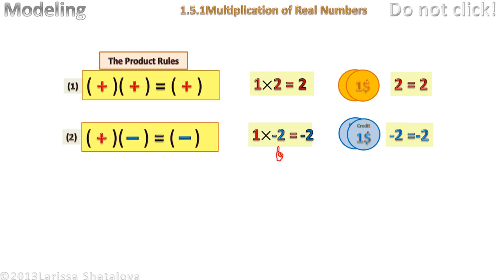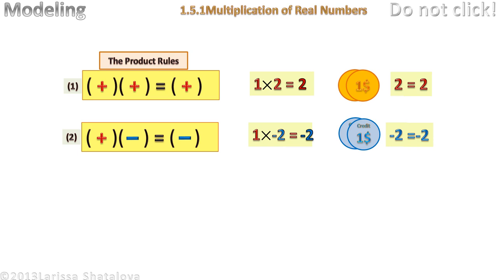Next, 1 times negative 2. We have a set of credits, 2 units, and we are taking just one set, so it will be negative 2. And the rule tells us positive times negative result is negative.